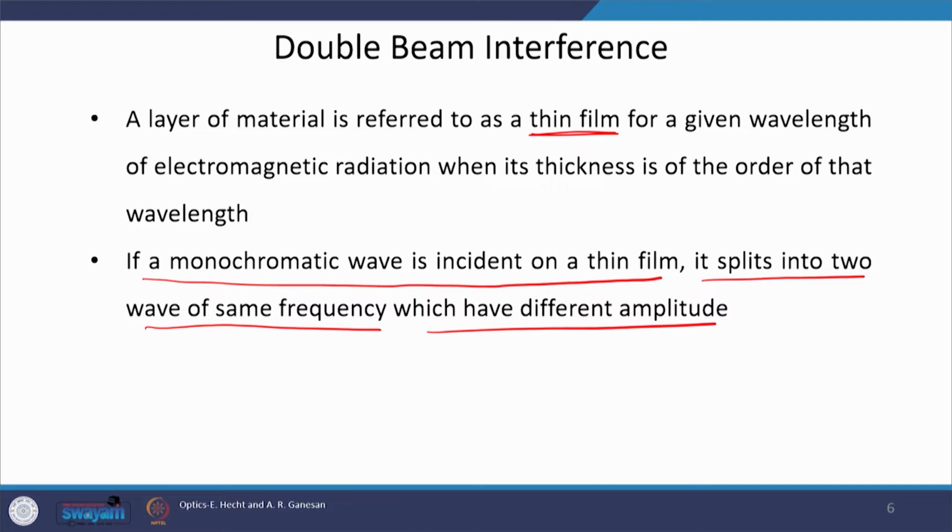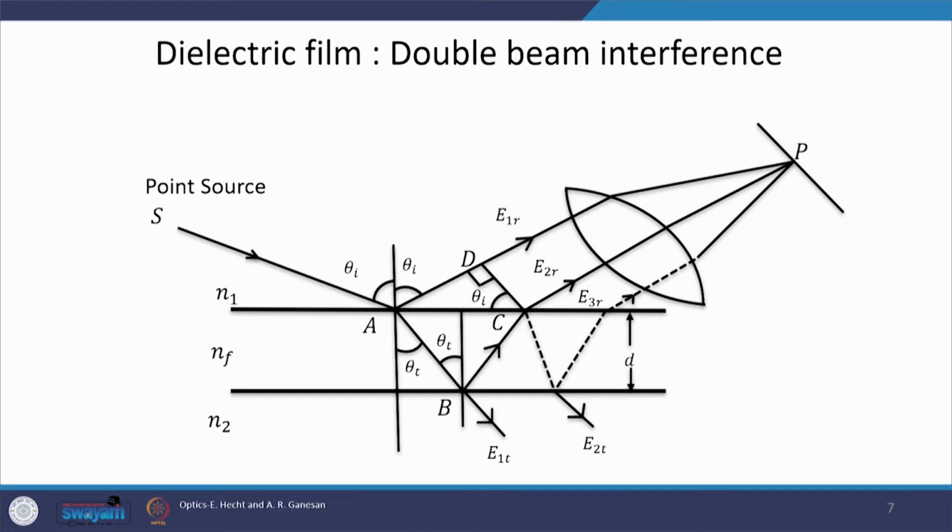These are shown here schematically in this figure. We have a point source situated at point S, and the wave starting from the point source falls on the first interface of this thin film. The thin film has thickness d, small d, and refractive index Nf.